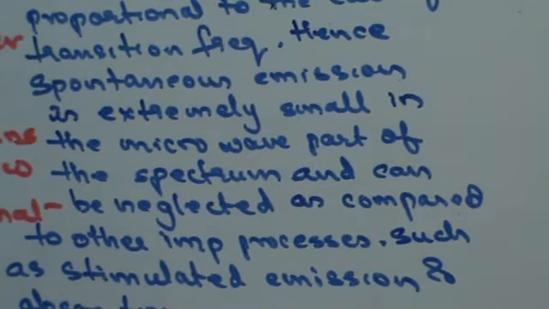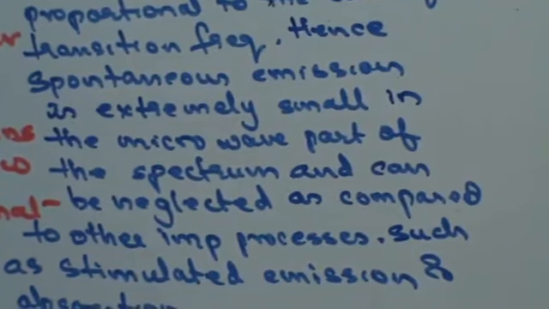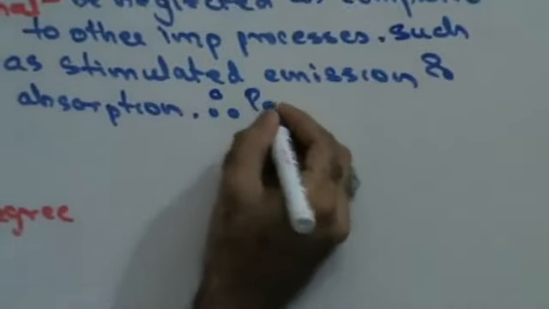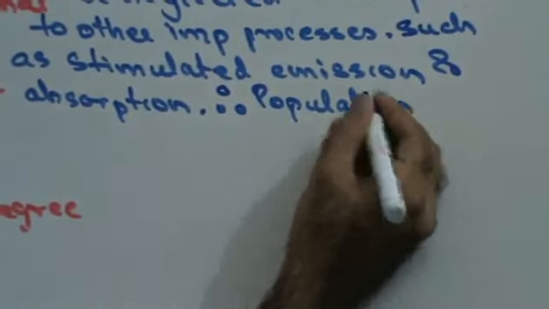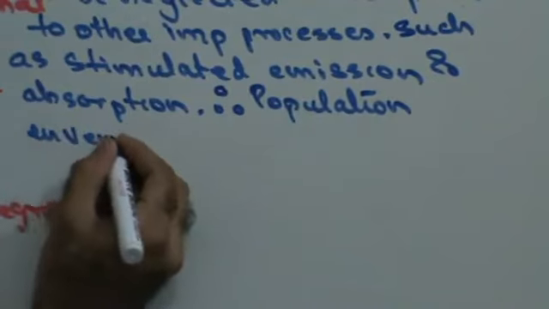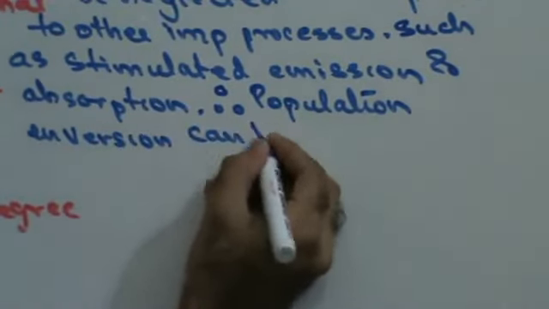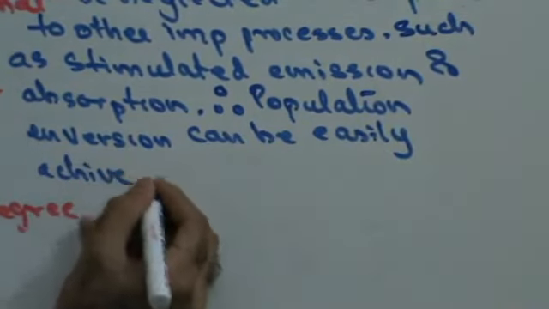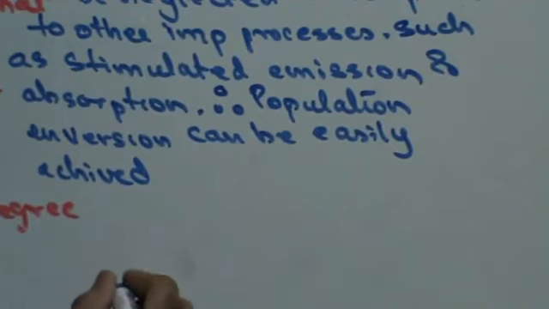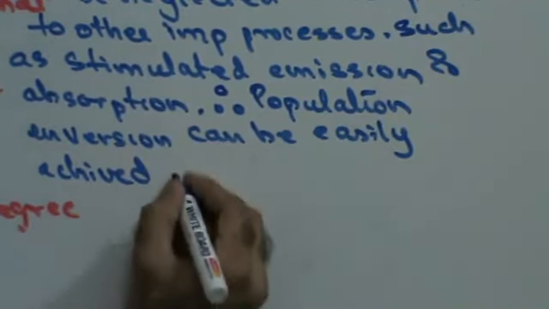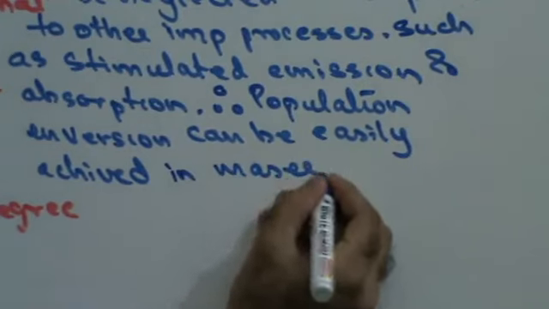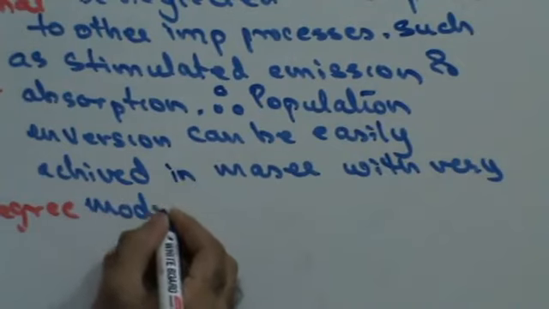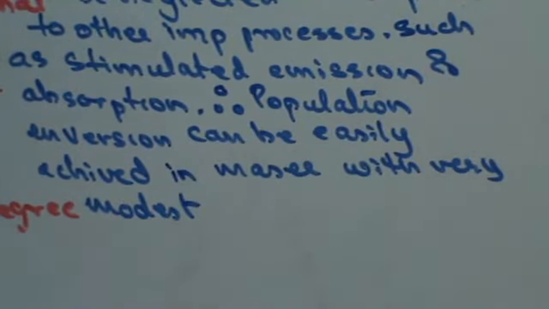Right? Therefore, population inversion can be easily achieved because there is going to be no spontaneous emission. I can say therefore population inversion can be easily achieved in a maser with very modest pumping powers.